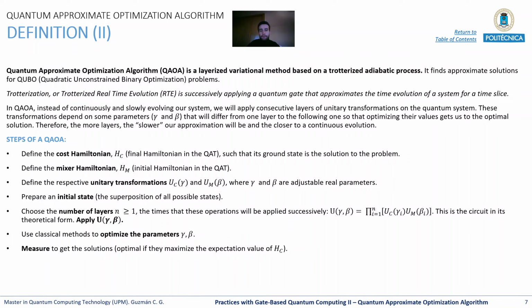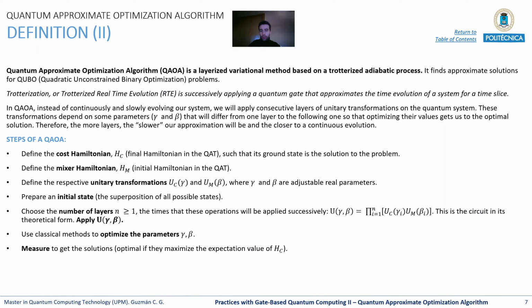This doesn't matter. They will differ from one layer to the following one, so we will optimize in between the layers to get to the optimal solution. The more layers, the slower, because we will be dividing the same period of time in more time slices, so we will be evolving the system slower. So the more layers, the more similar our solution will be to the real one, so the less approximate it will be.